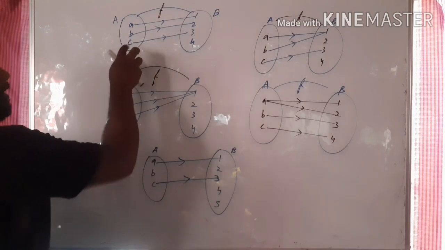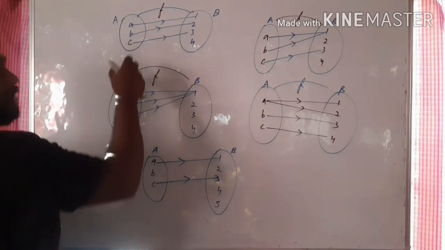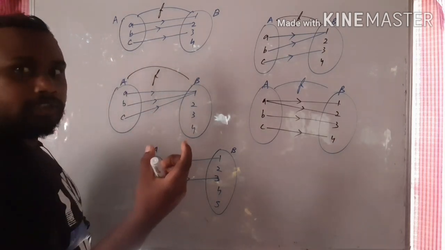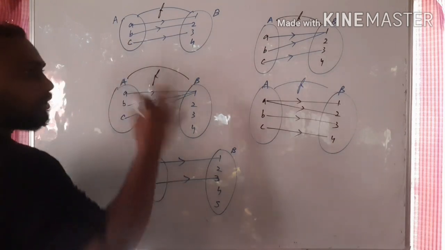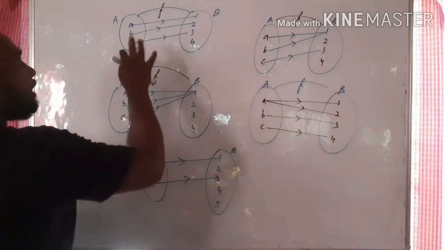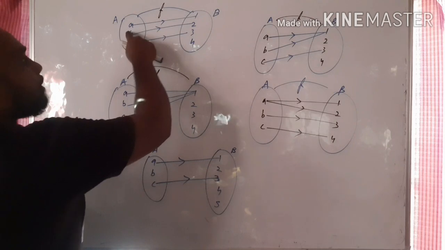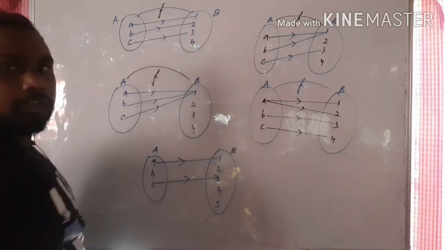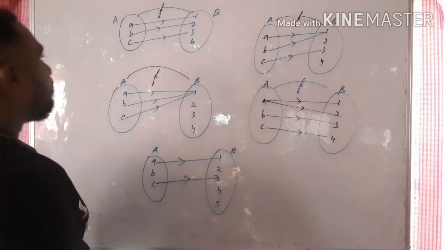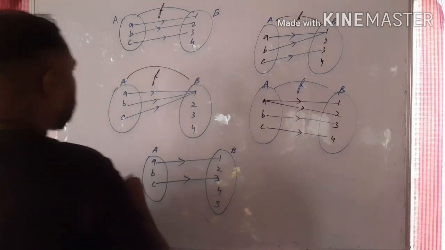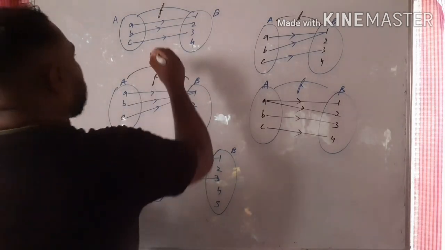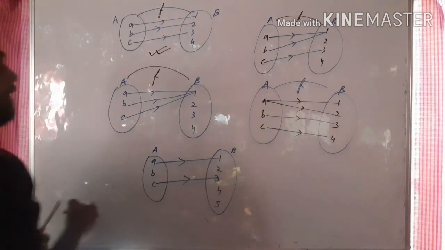So if no element is left out, that is the first condition to be a function, isn't it? That first condition is satisfied. And the second condition is what? All the elements must go to a unique element. That condition is also satisfied, isn't it? So it is a function. Is it clear?